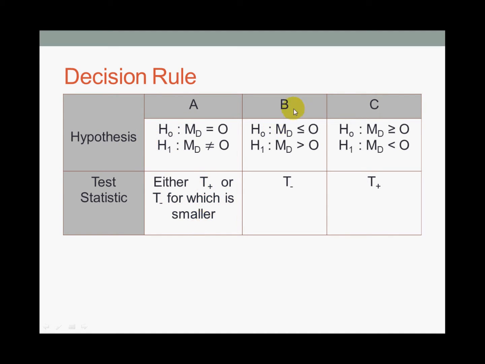For case B, H null, MD less than or equal to 0, H1, MD greater than 0. The test statistic is T negative. And lastly, for case C, H null, MD greater than or equal to 0, H1, MD less than 0. For the test statistic, we take T positive.